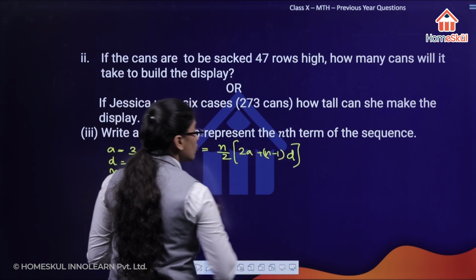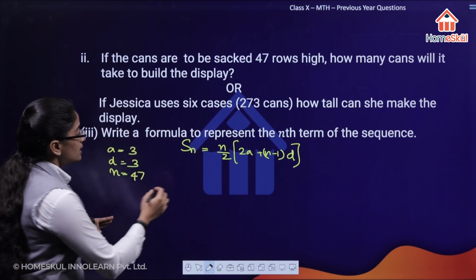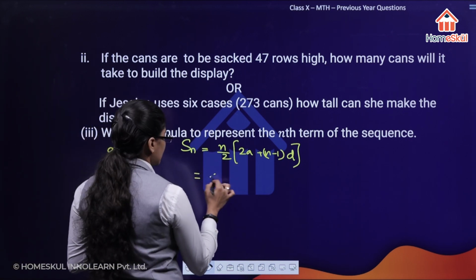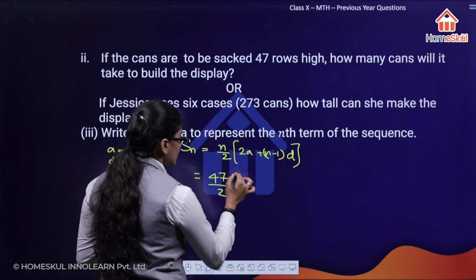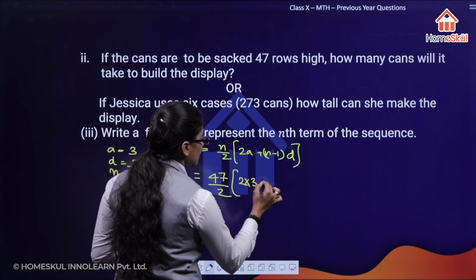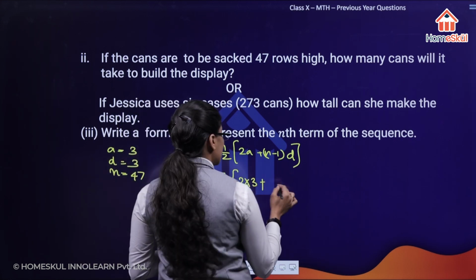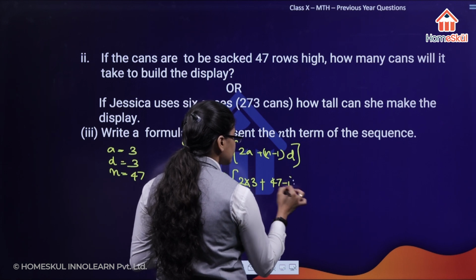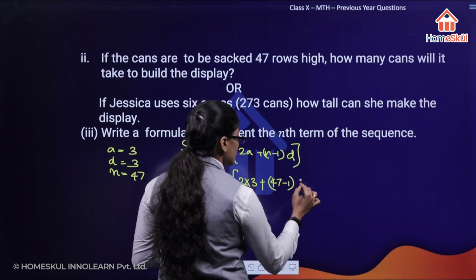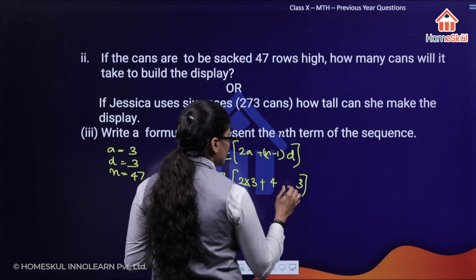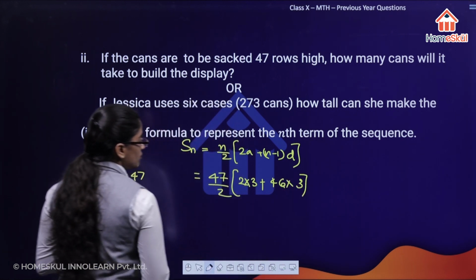All the values we have, isn't it? That means n is 47. So 47 by 2 into 2 times 3, plus n minus 1 into d. That is 47 minus 1 into d. d is also 3. 47 minus 1 is 46, so it is 46 into 3.